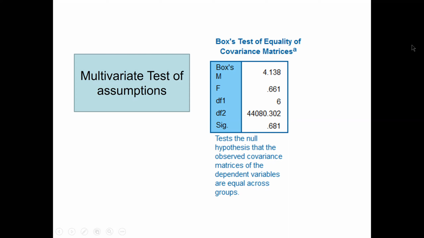The idea that you've met the test because you don't have a significant effect is not really accurate, but you don't appear to have more than chance differences among the covariances between your variables.